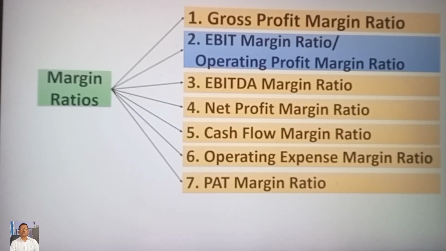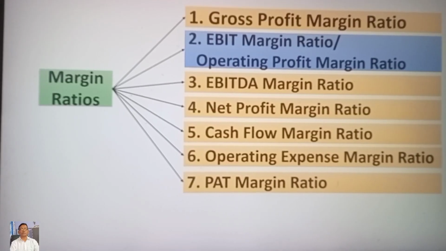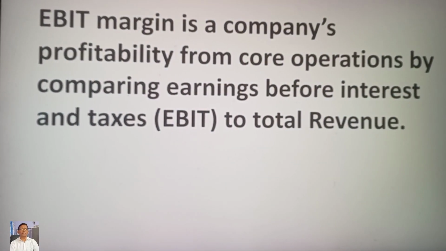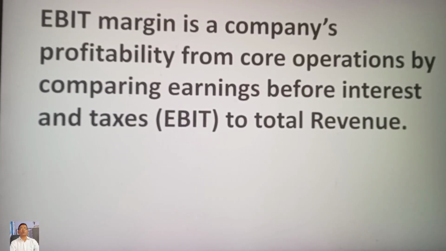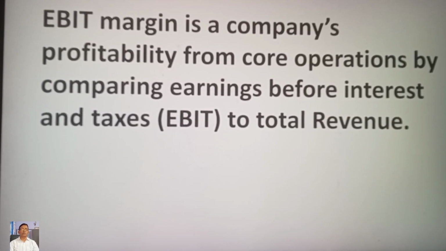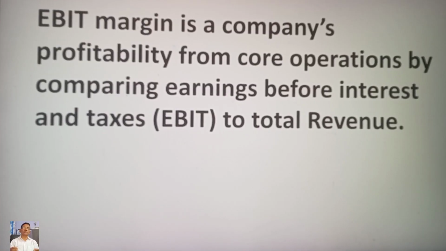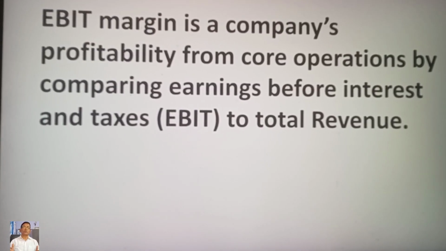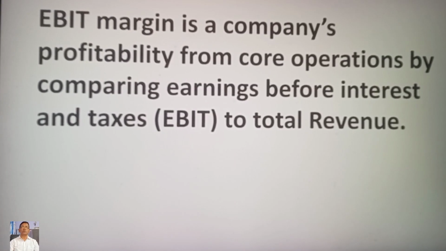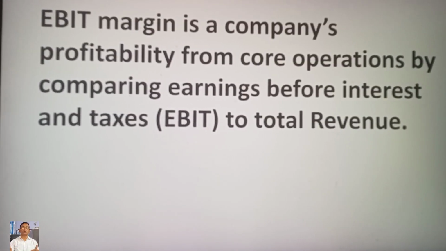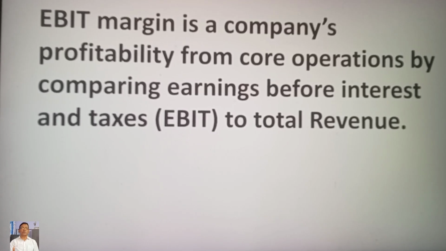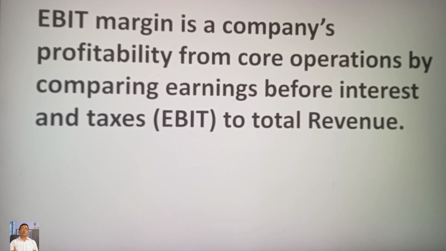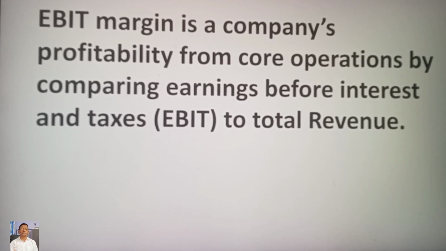Second, EBIT margin ratio or operating profit margin ratio. EBIT margin is a company's profitability from core operations by comparing earnings before interest and taxes, EBIT, to total revenue. EBIT is also called operating margin. EBIT margin ratio is calculated by dividing EBIT by total revenue.